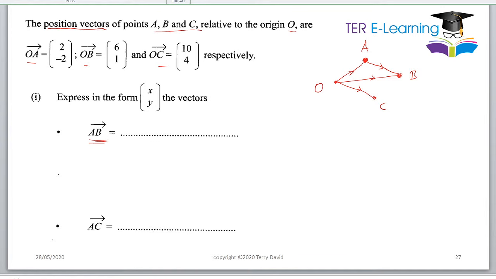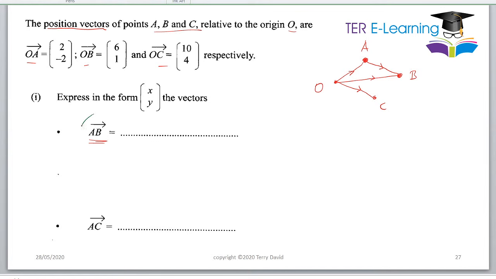How else can I go from A to B? Look at the diagram. The diagram is what helps us work this question. So this is an exam question. All right, so Dyrell is saying go from A to O and then O to B. Somebody already worked out what AB is.